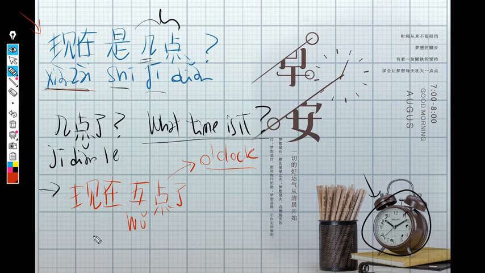So what about if you have some minutes? Let's say, I don't know, 11:20. Let's try this. 11:20. So you will go 现在, same thing, right?